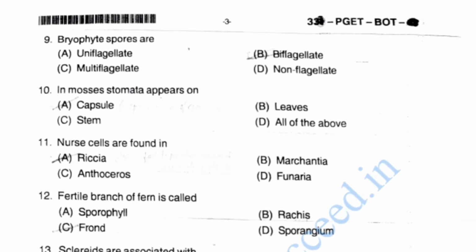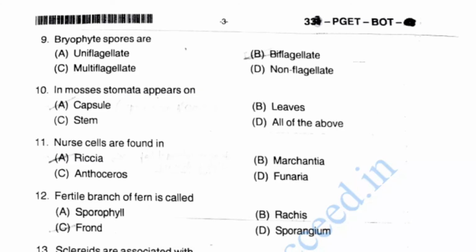Here we have question number 9. And what is question number 9 saying? Bryophytes spores are. Here it is asking what type of flagella are present in the spores in the bryophyte class of the plant kingdom.